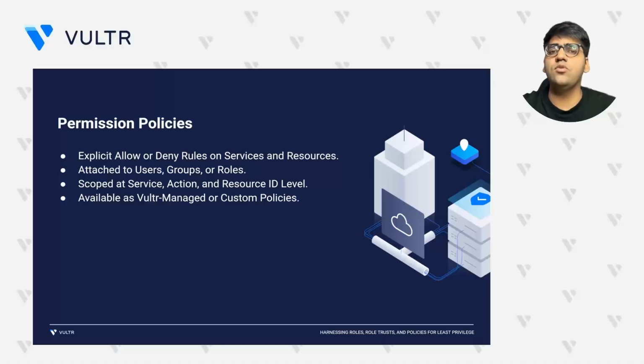You can either use Vultr-managed policies, which cover the common access patterns and are maintained for you, or create custom policies when you need more precise control. Overall, permission policies are what enable fine-grained access by clearly defining what actions are permitted and where they apply.